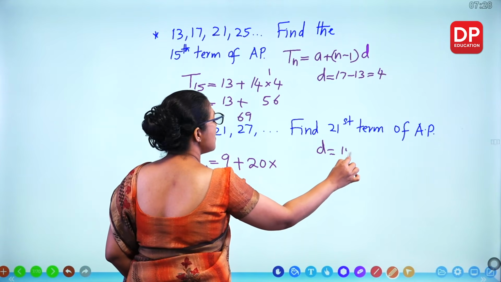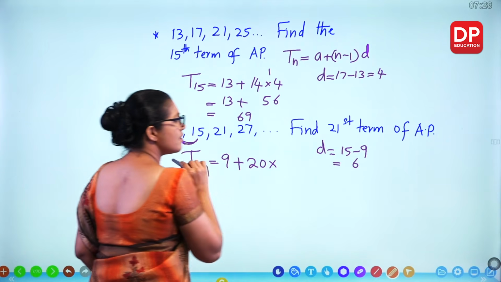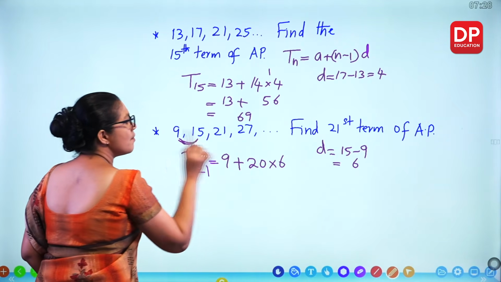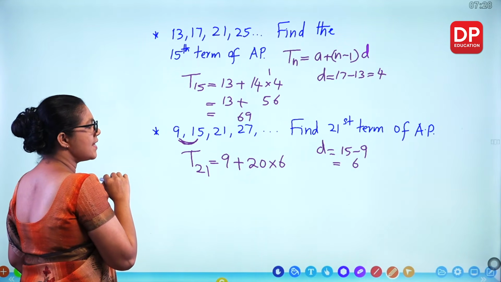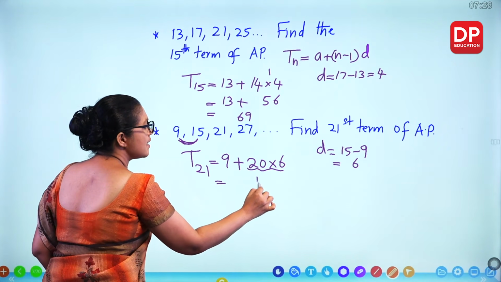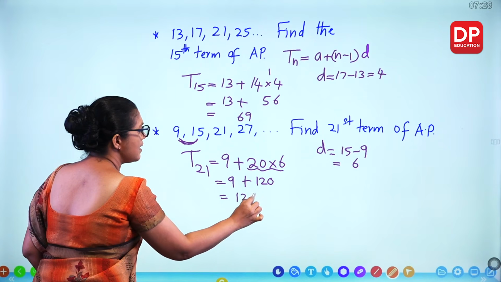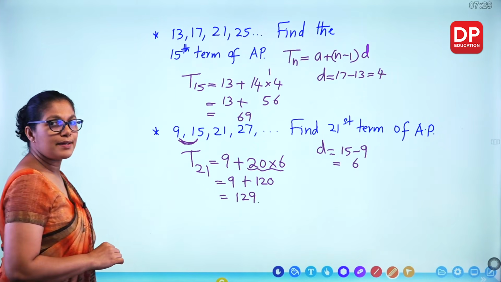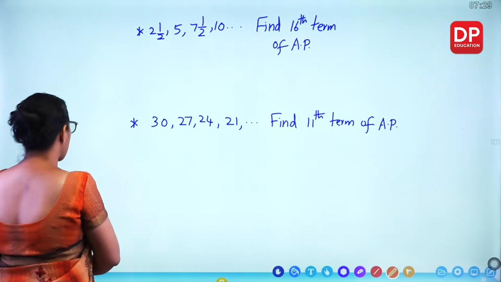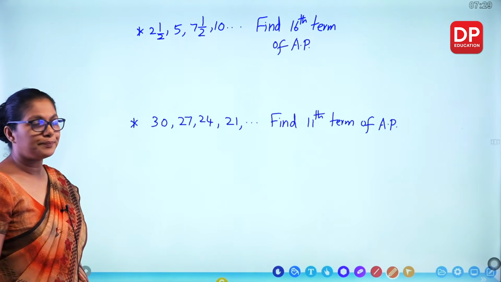D is 15 minus 9. You get 6. So, multiply by 6 first and then add 9. 20 times 6, you get 120 plus 9, 129. This question, find 16th term.